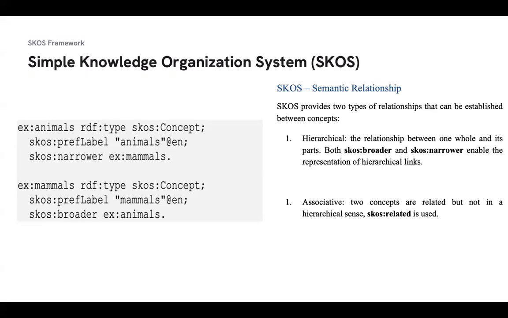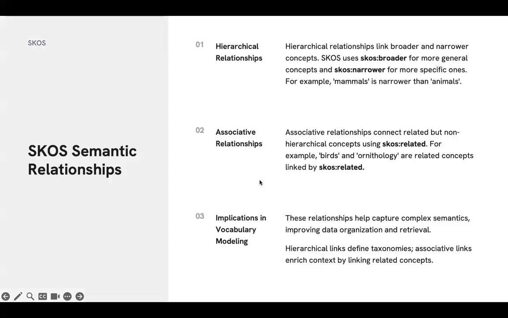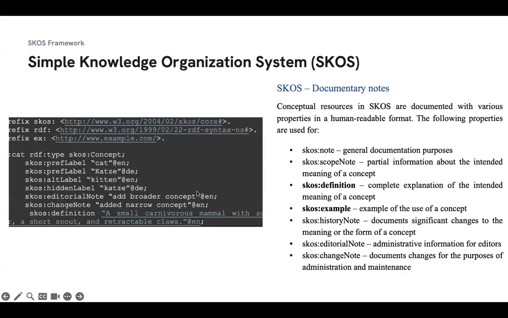But again, the concept remains animals, and we're specifying the narrower type of concept. So this is how it's represented in the file, but we'll see using Excel how we easily specify this to give us this output. This is basically similar to what I've explained earlier. Then we have documentary notes.